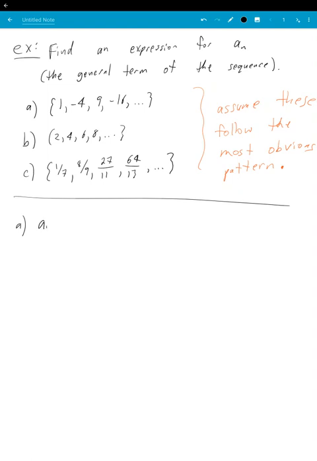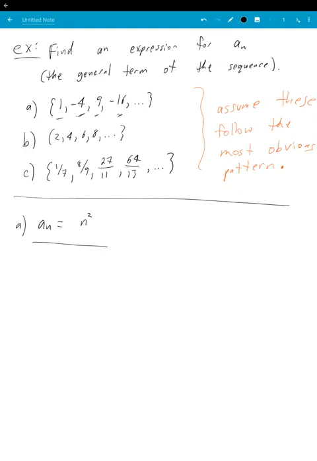Okay, first one. This is a bit of a guess and check here. What do I have for part A? I have squares: 1 squared, 2 squared, 3 squared, 4 squared, right? So I'm going to put n squared there because I notice these squares happening. Now I have to adjust here. That's what I mean by guess and check. As it stands, this is not correct.